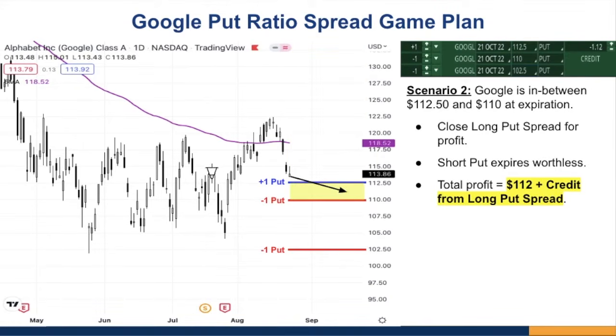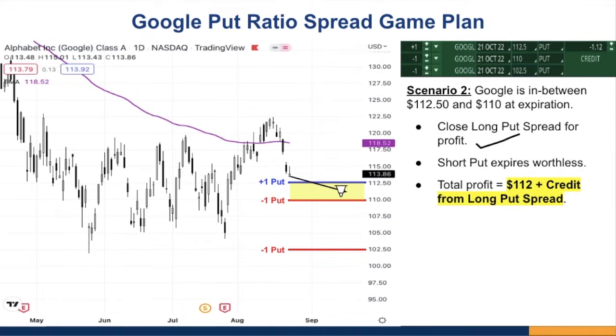Okay, scenario number 2. What if Google is in between 112.5 and 110 at expiration? That means it's in between your long put spread. So in this case, on expiration day itself, before the market closes, I'm going to close this long put spread for a profit, regardless of where it is. As long as it's below this long put option, I'm going to close it.